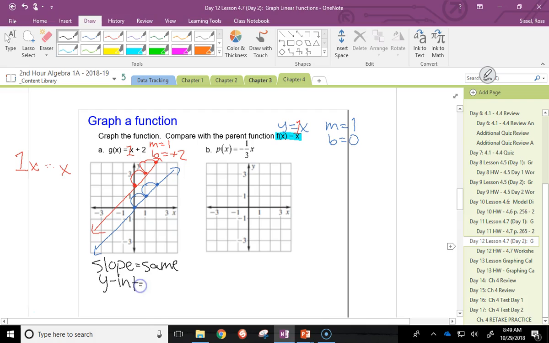Are the y-intercepts the same or different? They're different. By how much? Positive 2 or negative 2? Positive 2, because this is the parent function, and we went up 2.